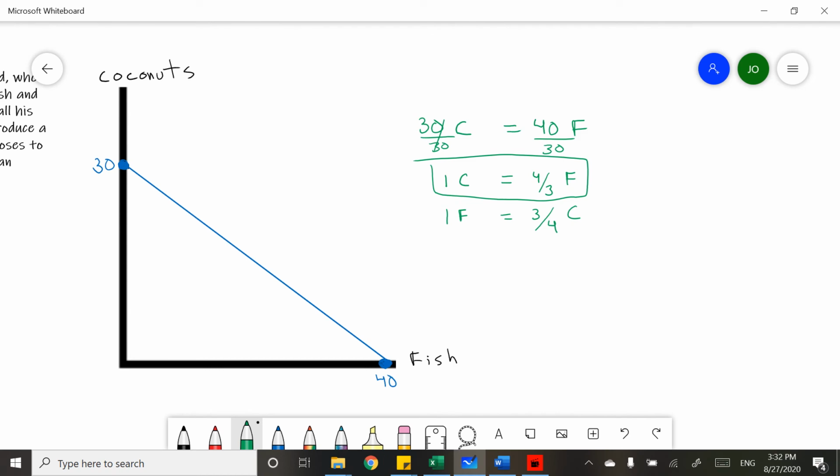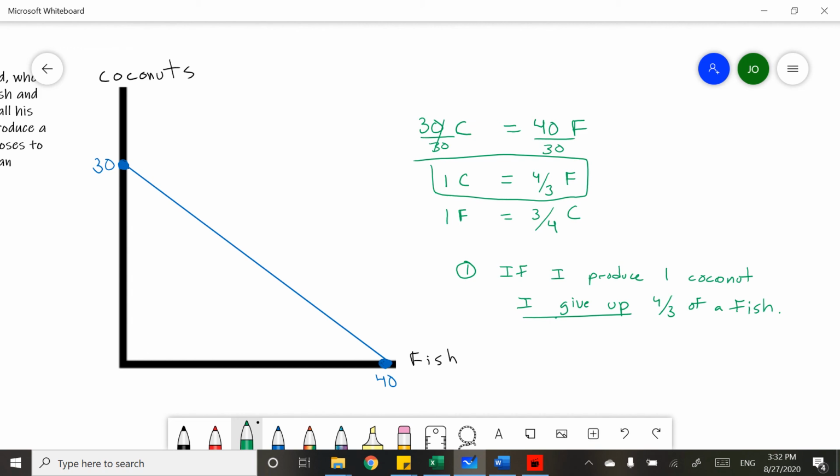So how I'm going to write that is, if I produce 1 coconut, I give up 4/3 of a fish.